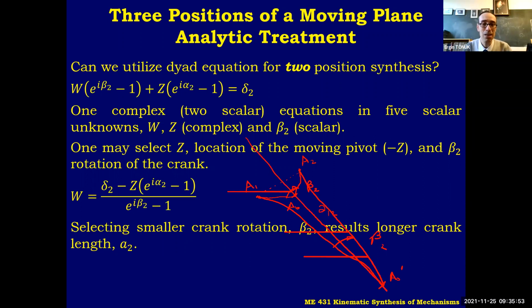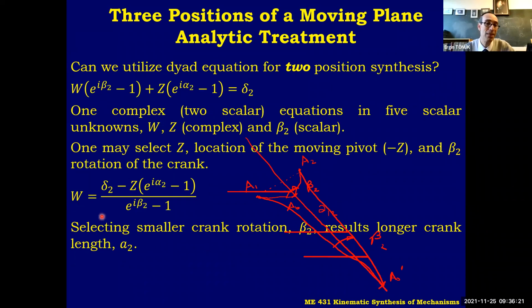But this time you select where your A0 is going to be. You would obtain beta 2 as a result. In this equation, what you do is you select your beta 2 and you obtain A2. Actually here, what you do is you select your A2 if you like, okay?